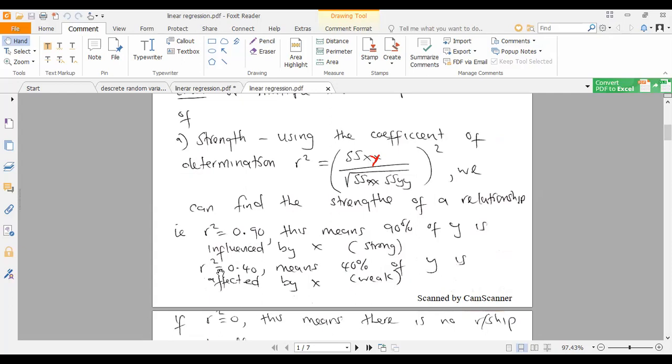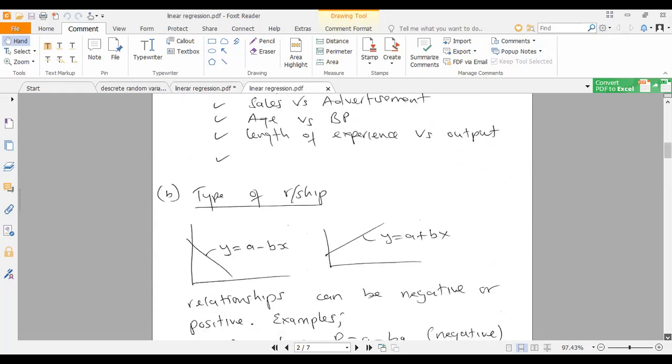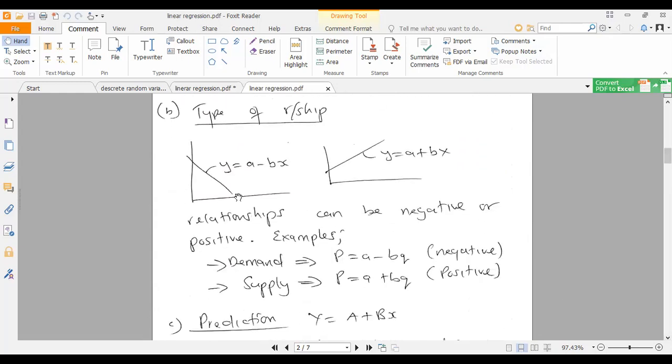If we had 0.4, this means 40% of y is as a result of x. It's a moderate relationship. If our R squared is 0, there's no relationship at all. Examples of relationships: sales and advertisement, age and BP, length of experience and productivity of an employee in a workforce.